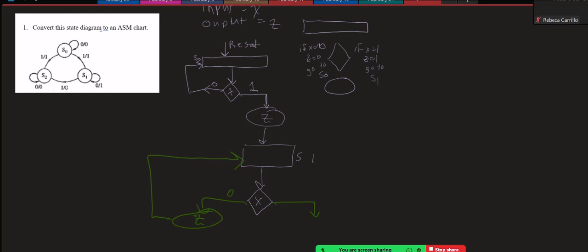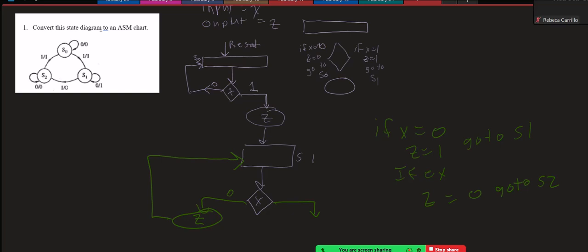Okay, so from S1, if x equals 0, then z equals 1, and we go to S1, and if x equals 1, z equals 0, and we go to S2.